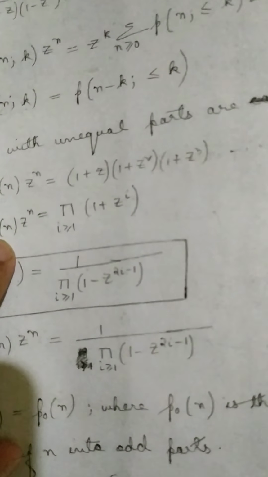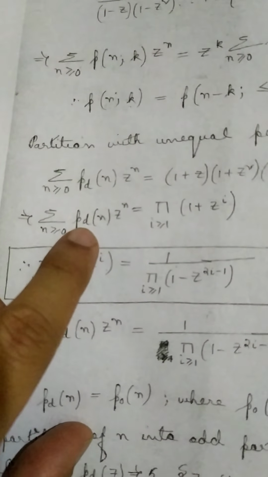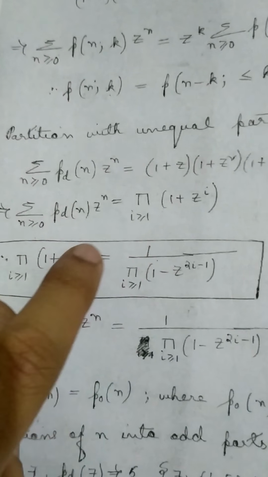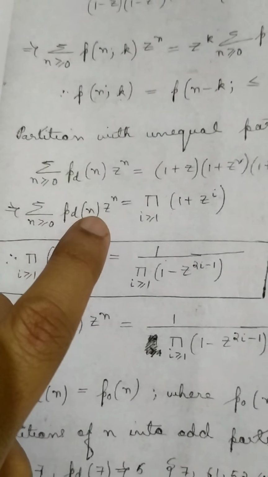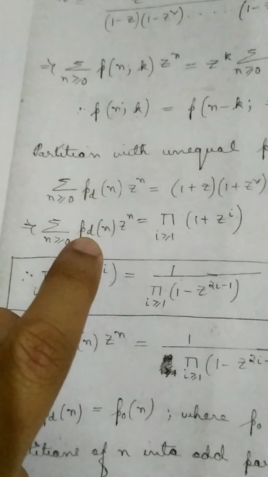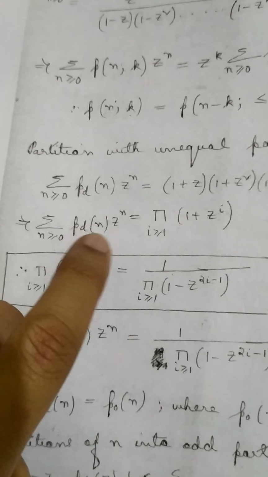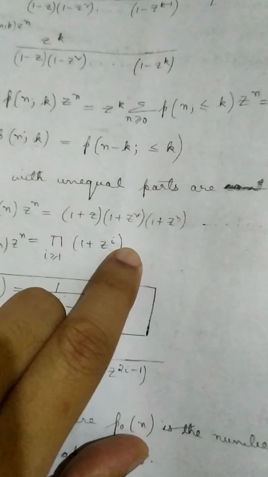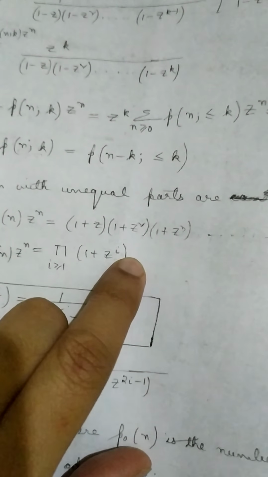So this expression can be written in this way, z to the power i, that is PD of n, the distinct partitions of n. But here z to the power 2i minus 1, that is odd, the parts are odd.